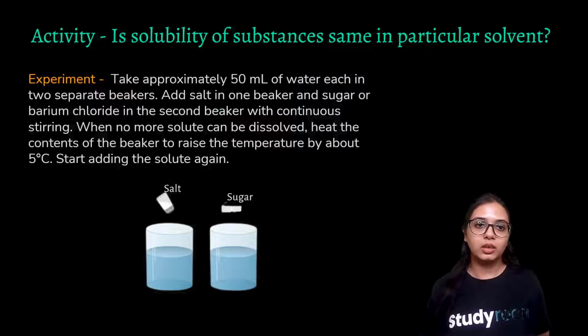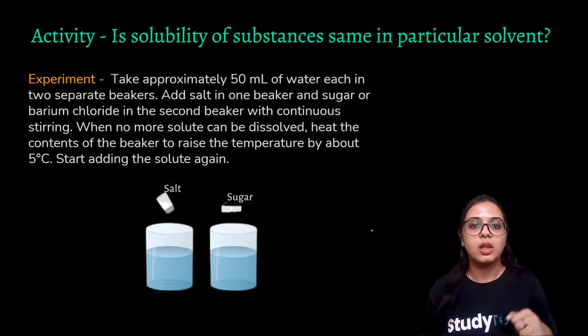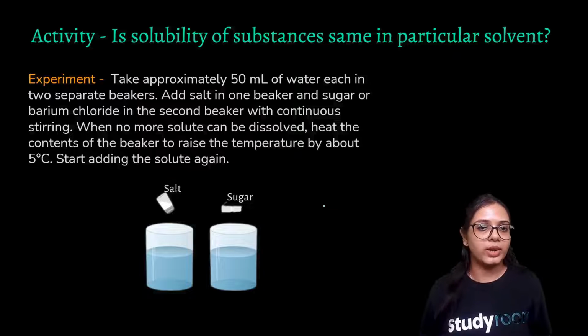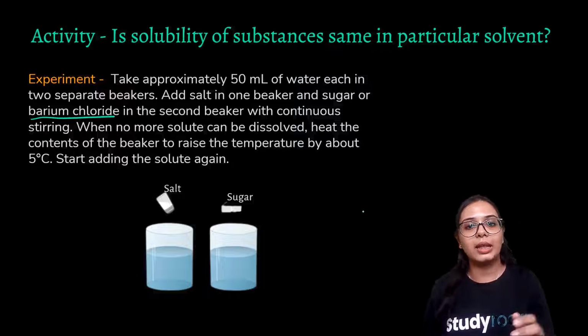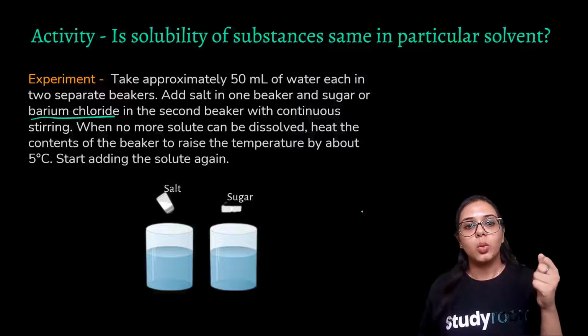Now we have taken a fixed amount of solvent here, right? We have taken 50 milliliters of water in both the beakers. In one we have added salt or sugar, and in the other we have added barium chloride. We are adding and then stirring.